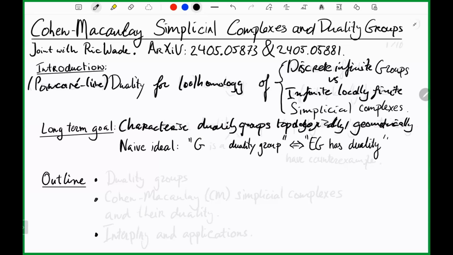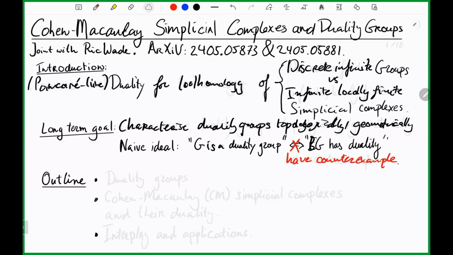The naive ideal statement that you would dream of getting is that G is a duality group if and only if it admits a classifying space with duality. This turns out to be false, and we have a counterexample that I can tell you about if you ask me questions.